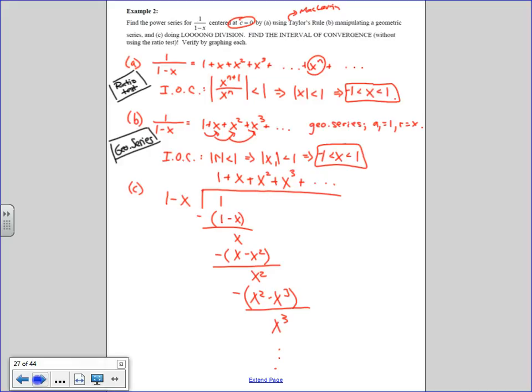We would have to test technically the endpoints, at x equals -1, x equals 1. Not going to work, not going to work. I didn't do it, no time. I already knew the answer. But long division works too.